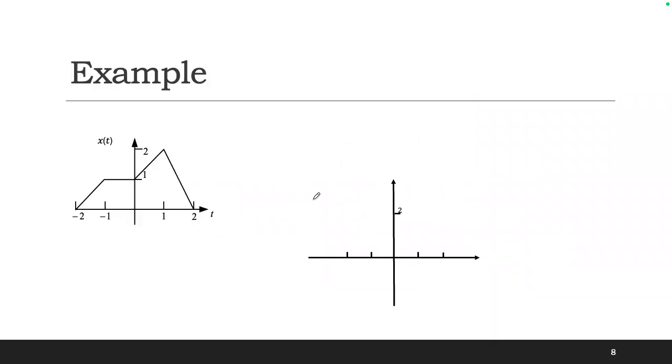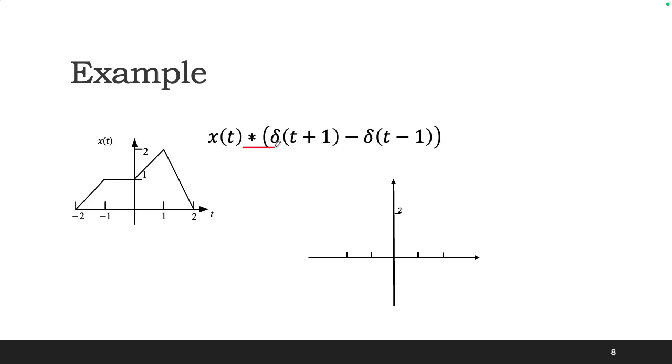Okay, let's talk about the other example. This is our input signal. If I want this signal convolved with those two, what should we do? Just remember, it's not a multiplication, it's a convolution. So if you see this question, you use the properties first.